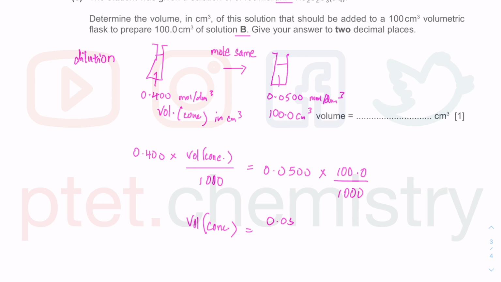Move your numbers around first before pressing your calculator. It's one of the biggest dangers that people can do. Use brackets definitely. Okay, you might not like this very well. Then I have all this thing on the right hand side. I move up the 1000 to the top, so it's multiplied by 1000. And then I move down the 0.400 to the bottom, so it's 1000 divided by 0.400.